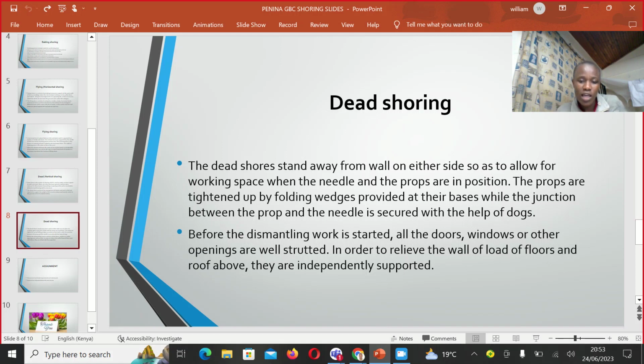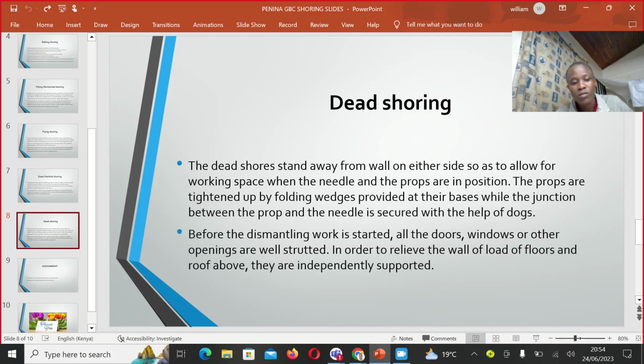Okay, yes, Brian. Dead shoring. The dead shores stand away from the wall on either side so as to allow working space when the needles and props are in position. The props are tightened up by folding wedges provided at their bases, where the junction between the props and the needle is secured with the help of dogs.